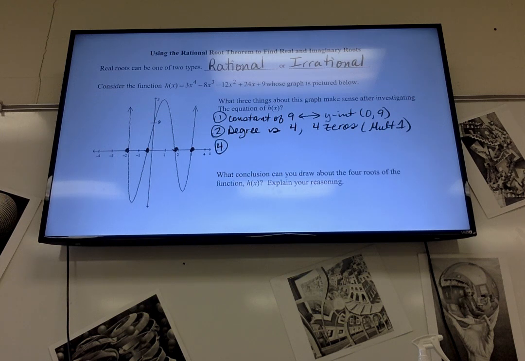Wow, why did I go to 4? It's even and positive coefficient. Okay, it's a positive coefficient, which we can tell by looking at it, but we can tell from the picture because what? They're going upward. Yeah.